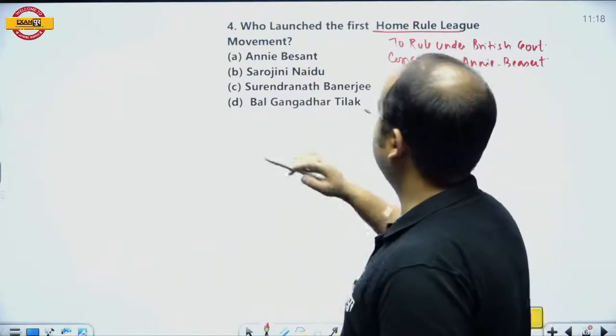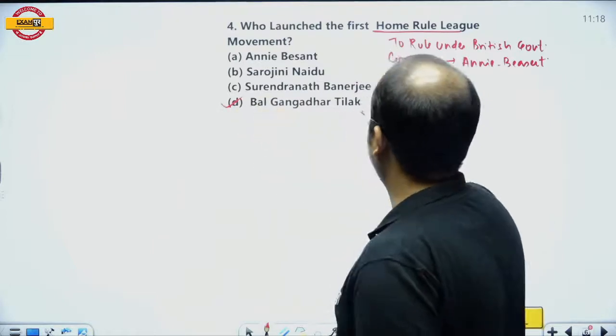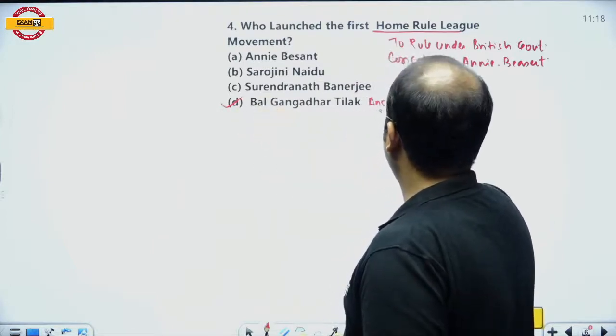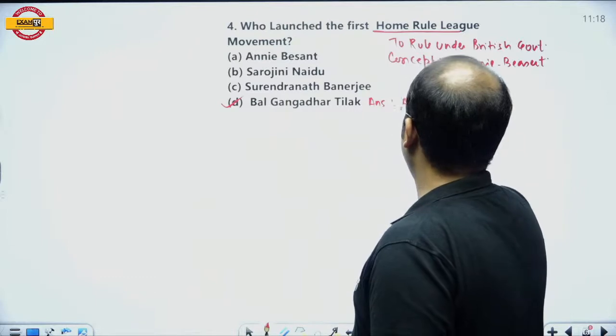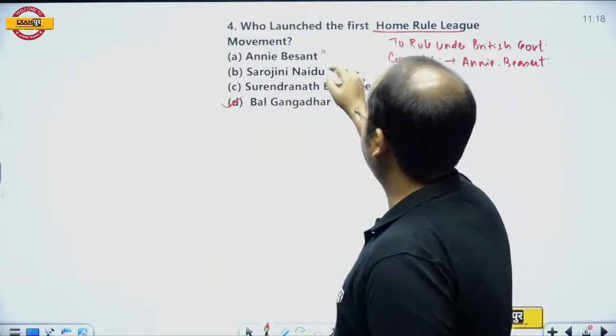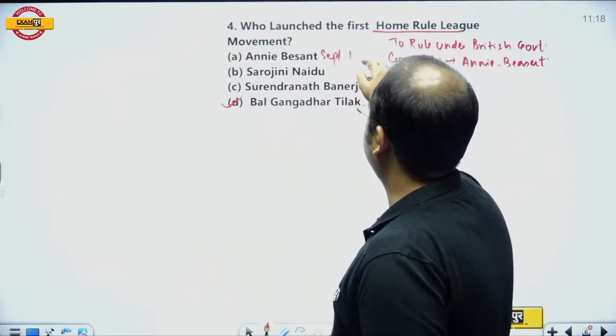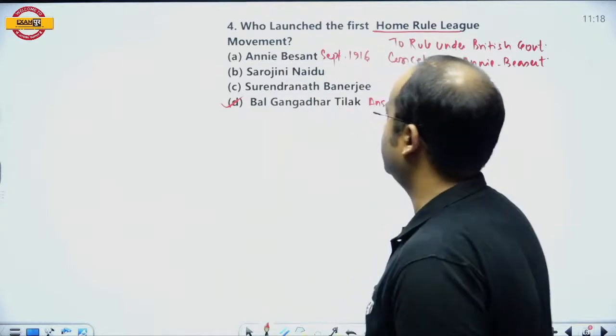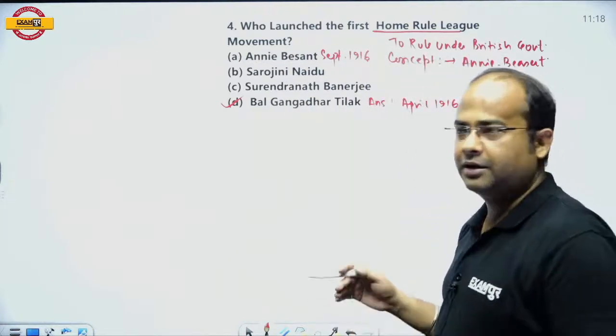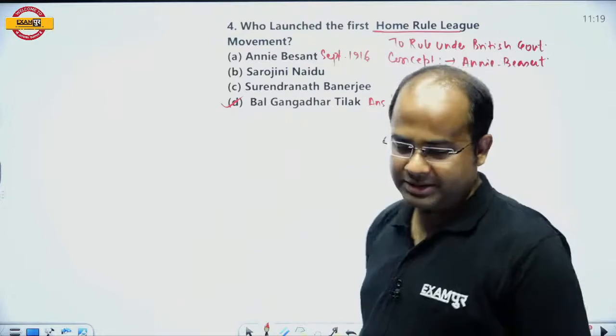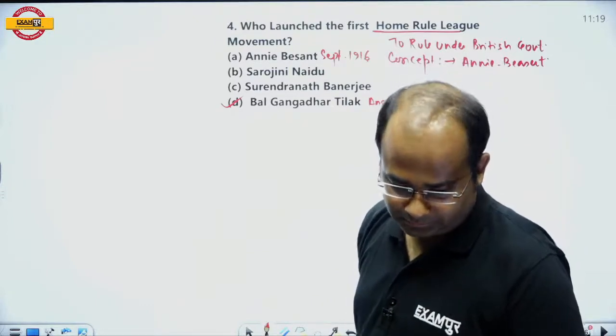But the Home Rule Movement for the first time was started by Bal Gangadhar Tilak in April 1916, and in September 1916 it was started by Annie Besant. So Bal Gangadhar Tilak started from Karnataka and Annie Besant started from Adyar.